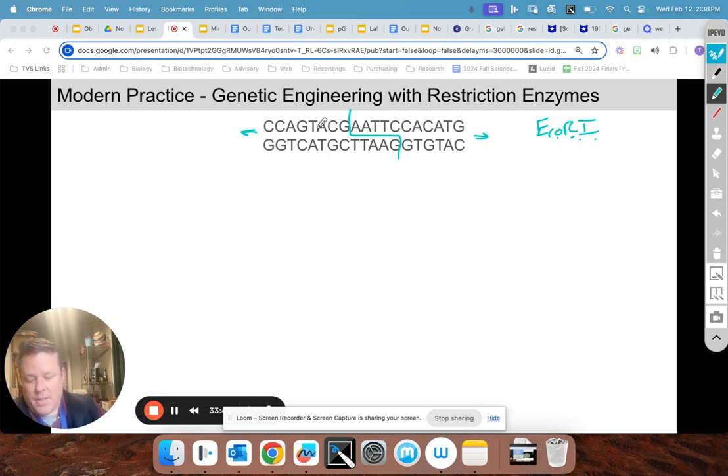Okay, the ability to cut DNA seems like it's not all that special, but if you take a plasmid like this, like that, and if you cut it open, then you can actually have in a test tube this open piece of DNA, right?